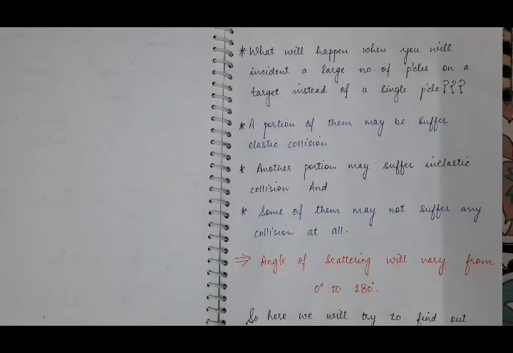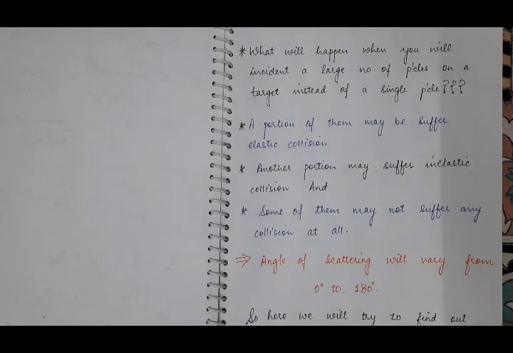0 degree will be the angle of scattering for those which don't scatter at all, which don't undergo any collision or any scattering. The particles which don't undergo any collision or scattering will not deflect at all, so their angle of scattering will be 0 degree.